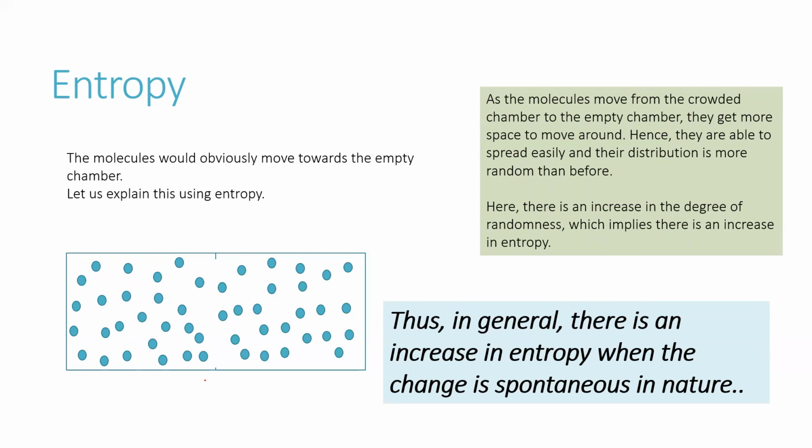So we are going to explain this now through entropy. As the molecules move from the crowded chamber, that is chamber 1, to the empty chamber, that is chamber 2, they get more space to move around. Hence, they are able to spread easily and their distribution is more random than before.